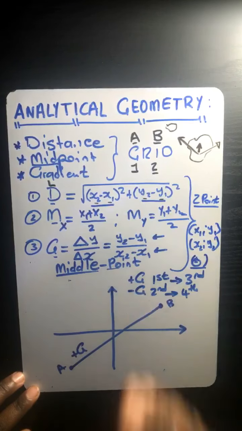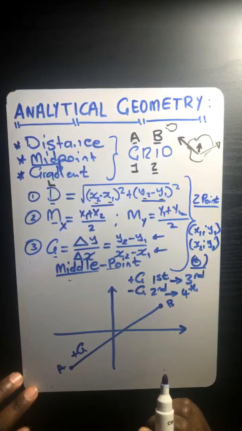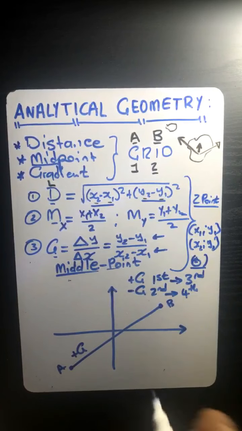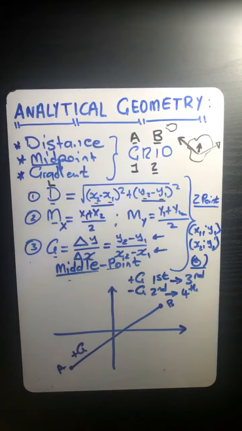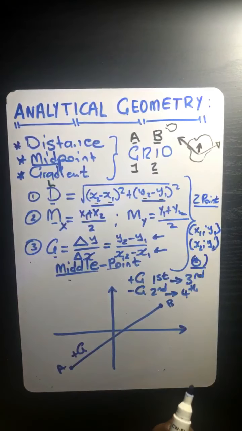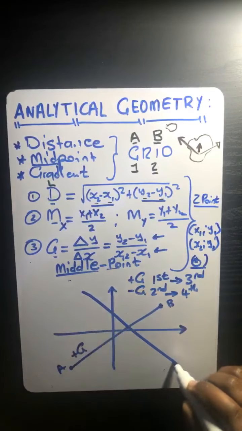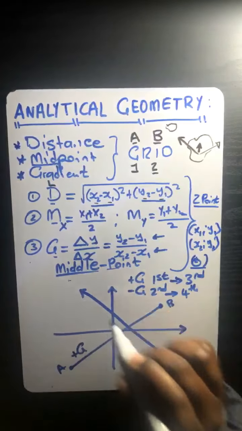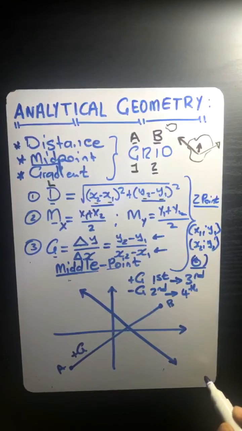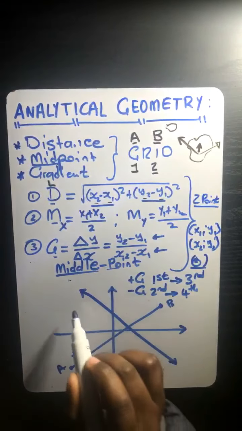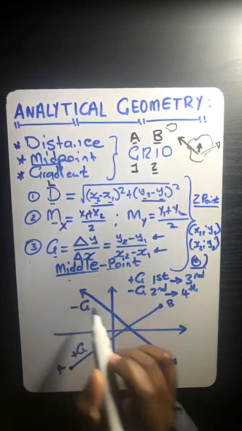So why am I saying this? It's just so that if you find yourself in a situation where you need to calculate the gradient, expect a positive answer. But if you have a line similar to that, or you are calculating the gradient of that straight line, for example, expect a negative gradient.